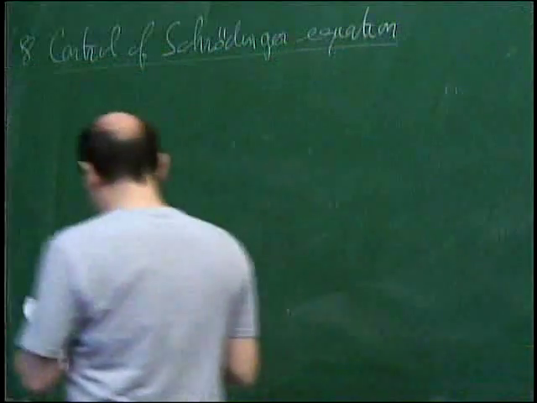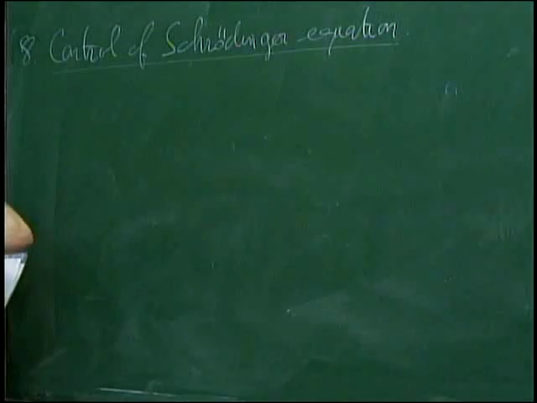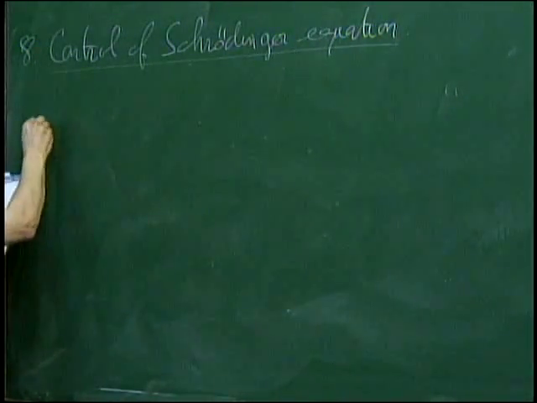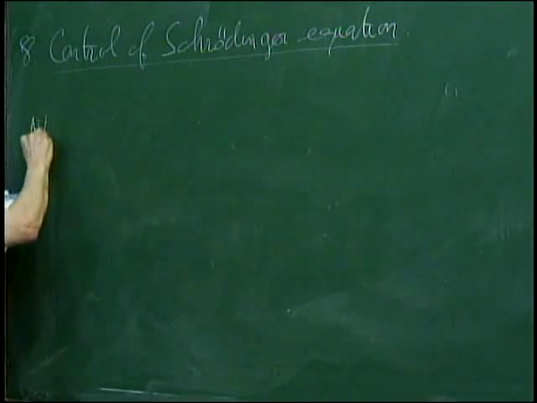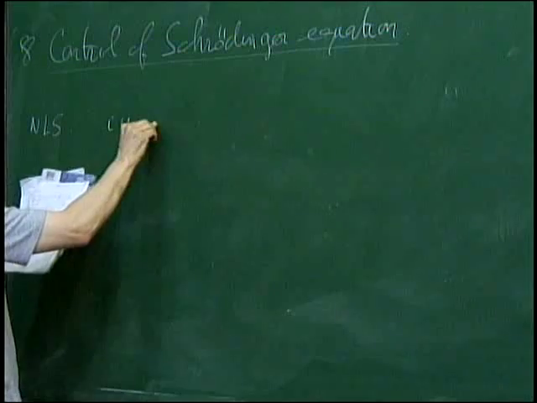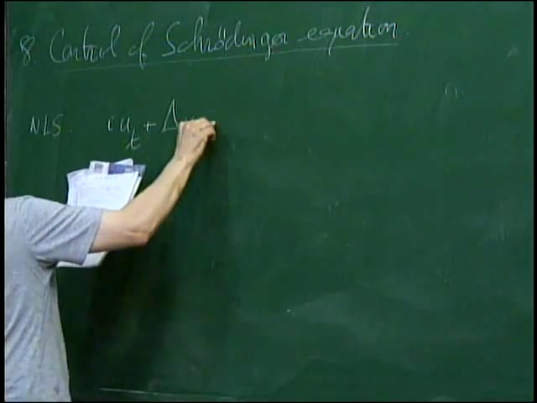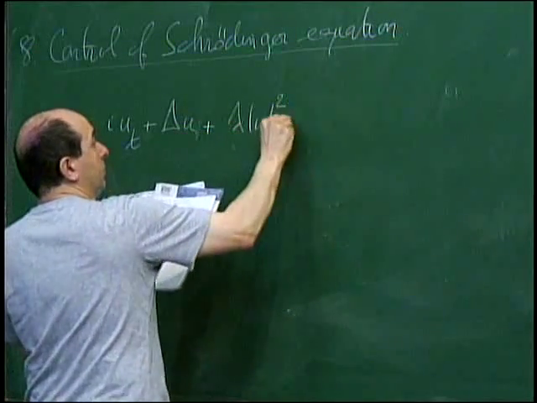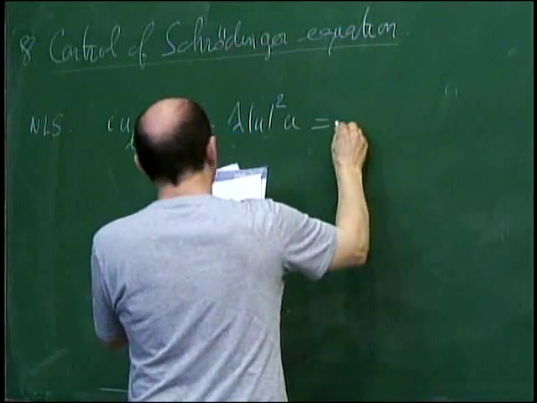And so let us write a typical Schrödinger equation. So NLS. The typical one is this one. This is a cubic one.